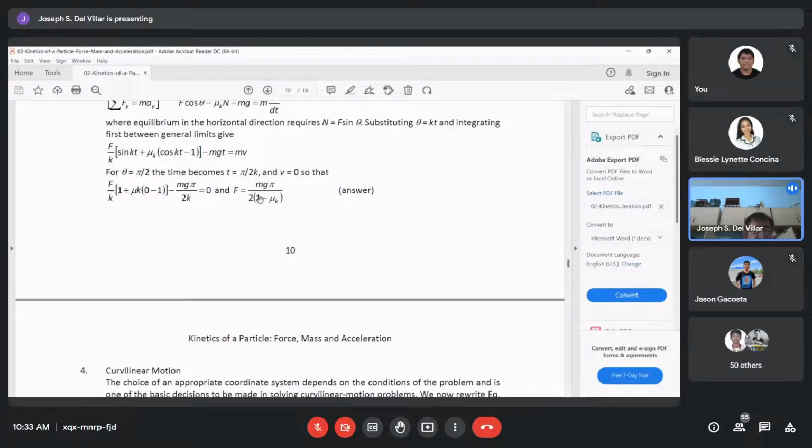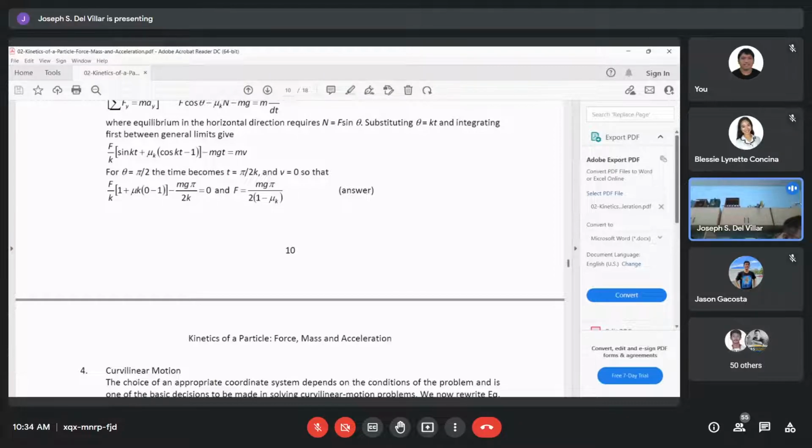So now, solving for F. First, transpose to the right to make it positive. After the transpose, it becomes mg pi over 2k. Then multiply by k, then divide by 1 plus mu k times 0 minus 1.